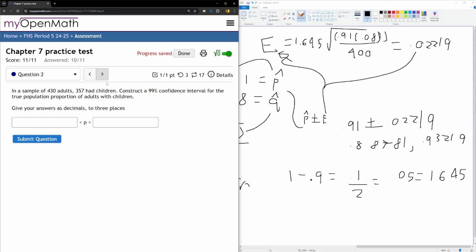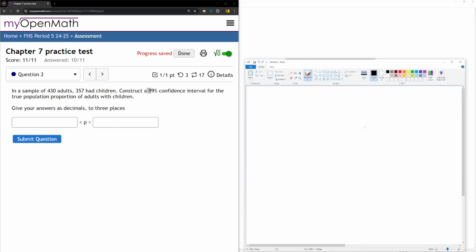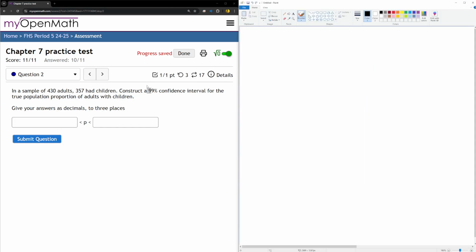Next, same exact thing. Cannot stress this enough. I'm going to go by a lot faster this time though, because it's the same exact process. Okay, so we have 430 as our n, 357 as our has. I just call it has, it's a personal thing.